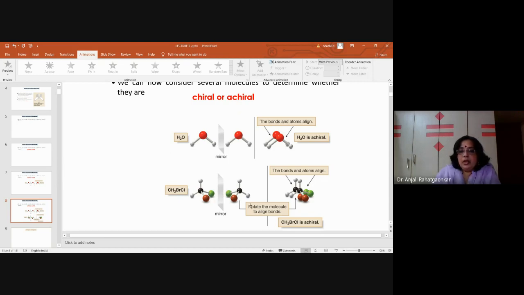Now what is the symmetry element? The question is whether they are superimposable or non-superimposable. So what do you see over here?